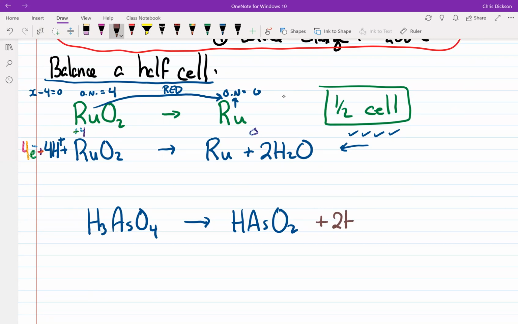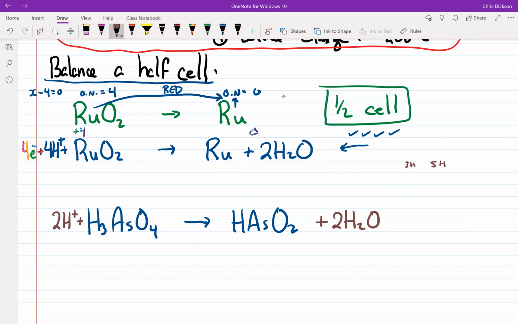So 2 H2O. And now I have 3 hydrogens on the left and 5 hydrogens on the right, because there's 4 from the water and 1 from the original compound. So I need to have 2 more H's on the left. So I'm going to add 2 H plus.